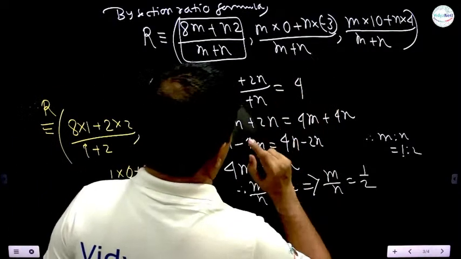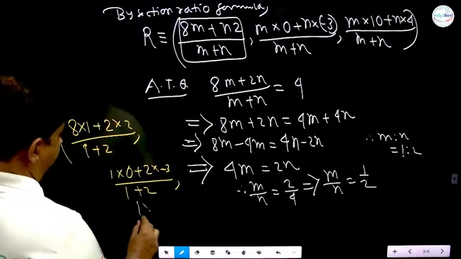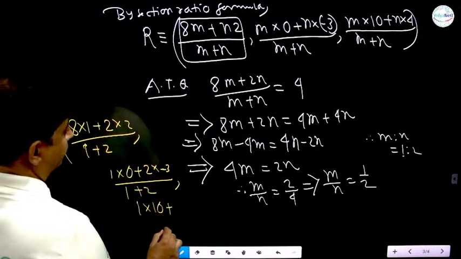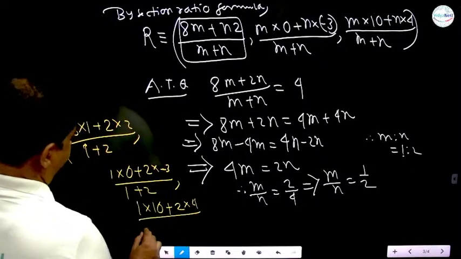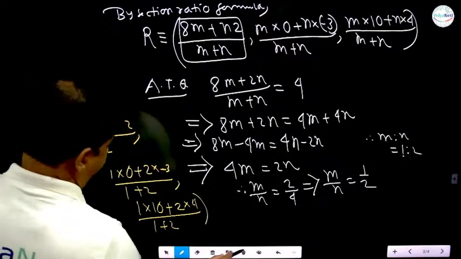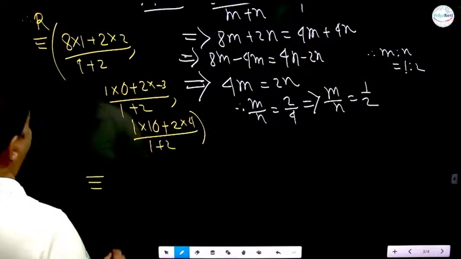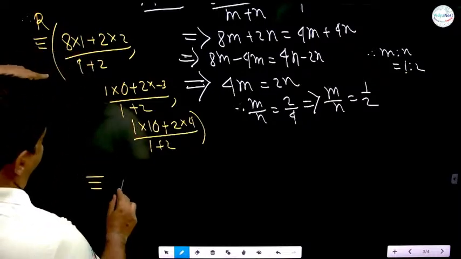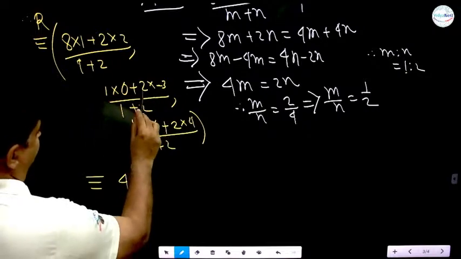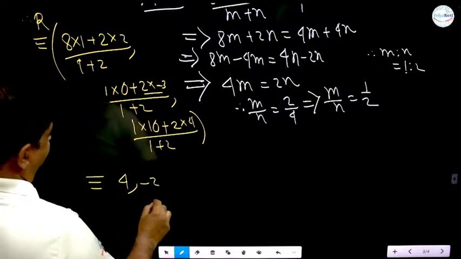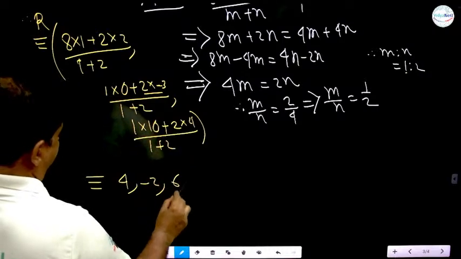Now m into 10. See, that is 4, which is given in the question. That is minus 6 by 3, minus 2, and that is 6.